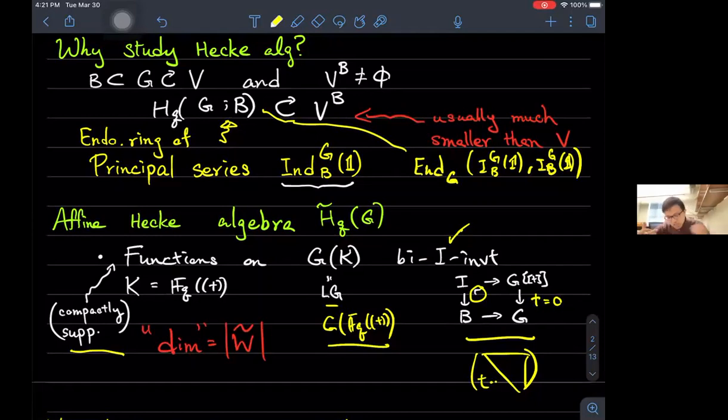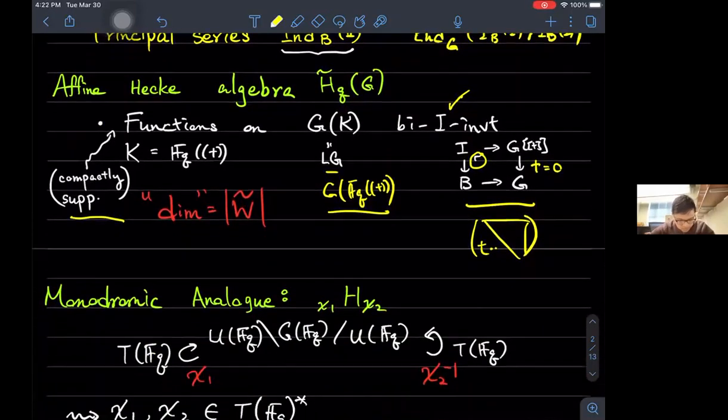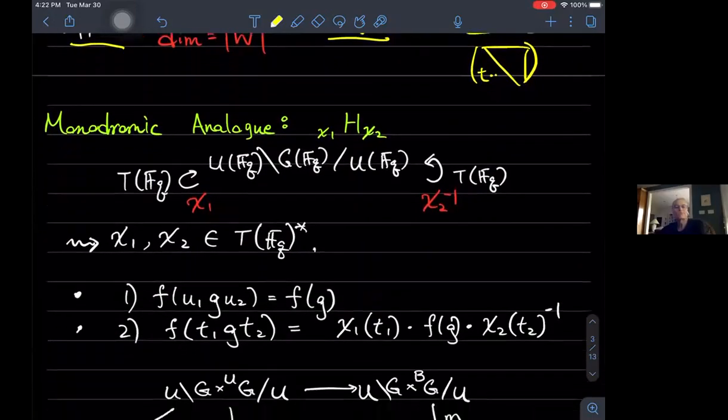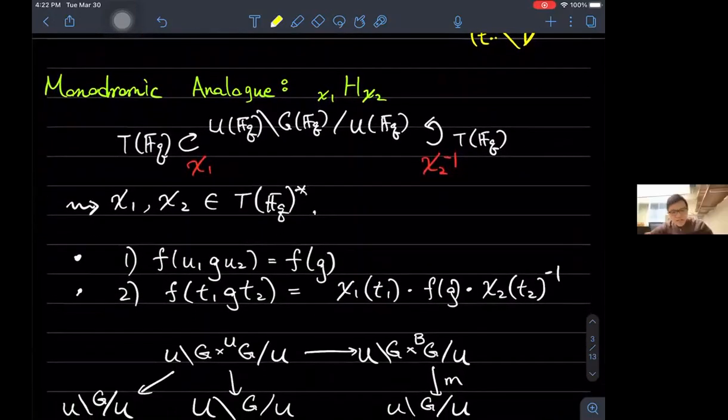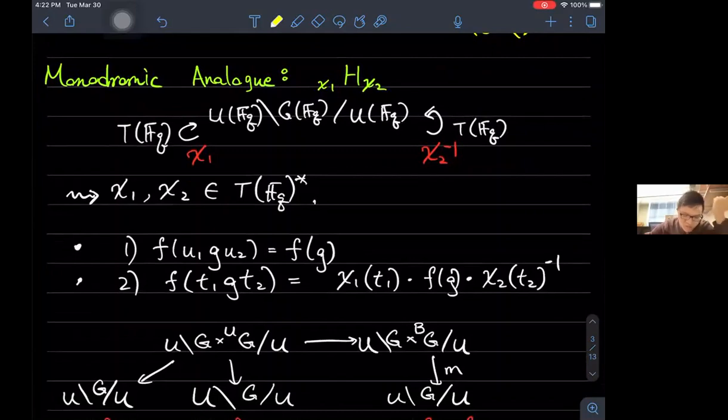So basically, it's just some algebra. On the other hand, I could generalize the Hecke algebra to something more general, namely the monodromic Hecke algebra or monodromic Hecke module.